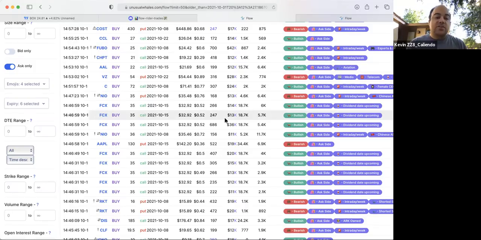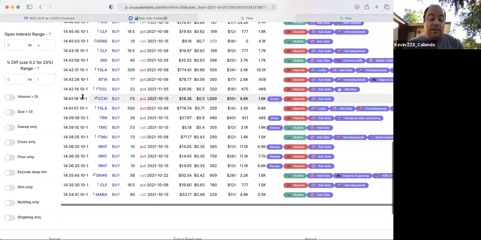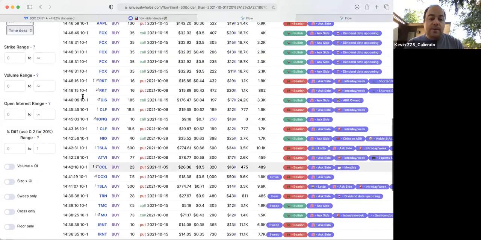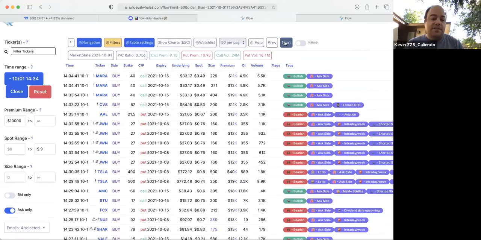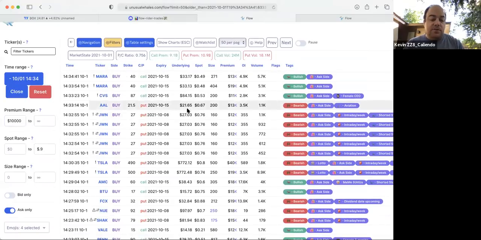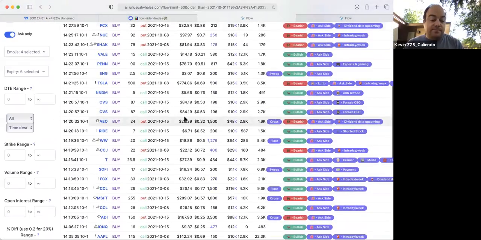But that's just one strategy. After each trading day, I dig into the flow and specifically focus on the last few hours, and I'll try to find some things that catch my attention that possibly we should look at for the next day.